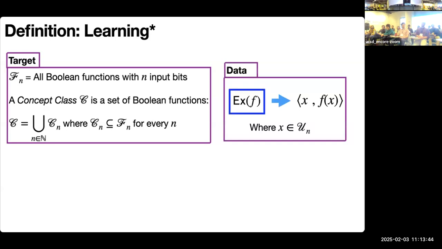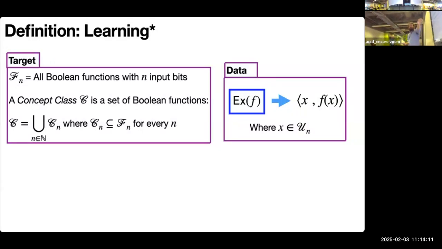If not, next, we need some data, right, to learn from. We will have what is called an example oracle. An example oracle is a magic box with one of these target concepts inside of it. When you push the button on the box, out comes an input-output pair of the function.